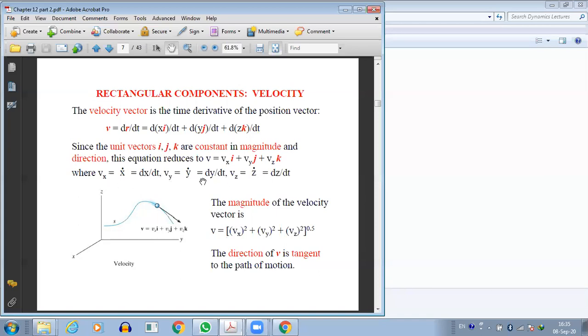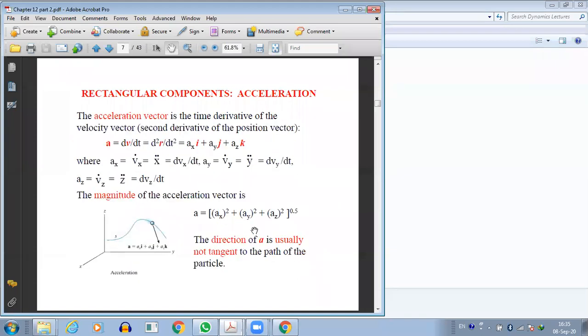These are some of the symbols that you should know. Similarly, if you have the x, y, and z components of the velocities, you can combine them as the square root of vx squared plus vy squared plus vz squared. Similarly for the case of acceleration.